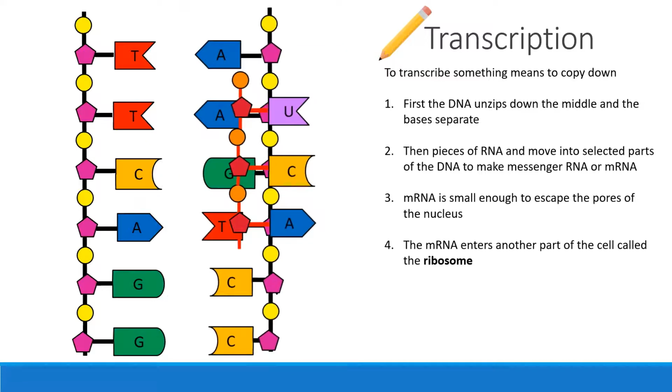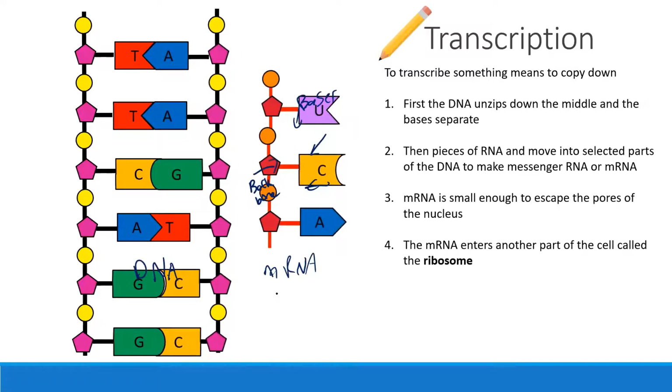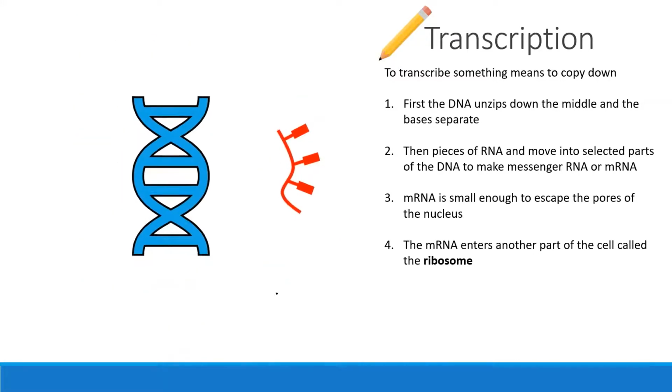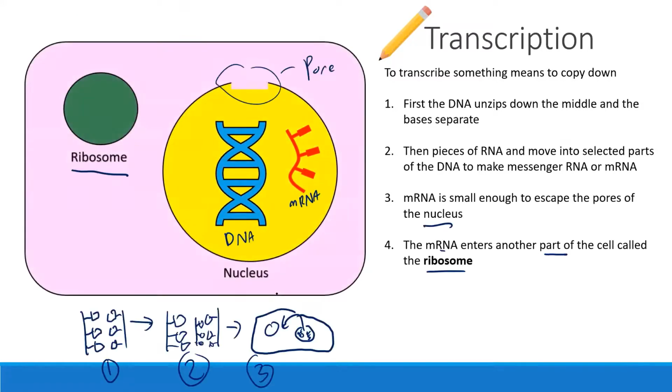Then I re-zip it back up and I move my copy out of the way. Then, because that copy is small enough, I can move that copy out of the nucleus. So the whole point of transcribing is to make a copy of it and get it out of the nucleus.